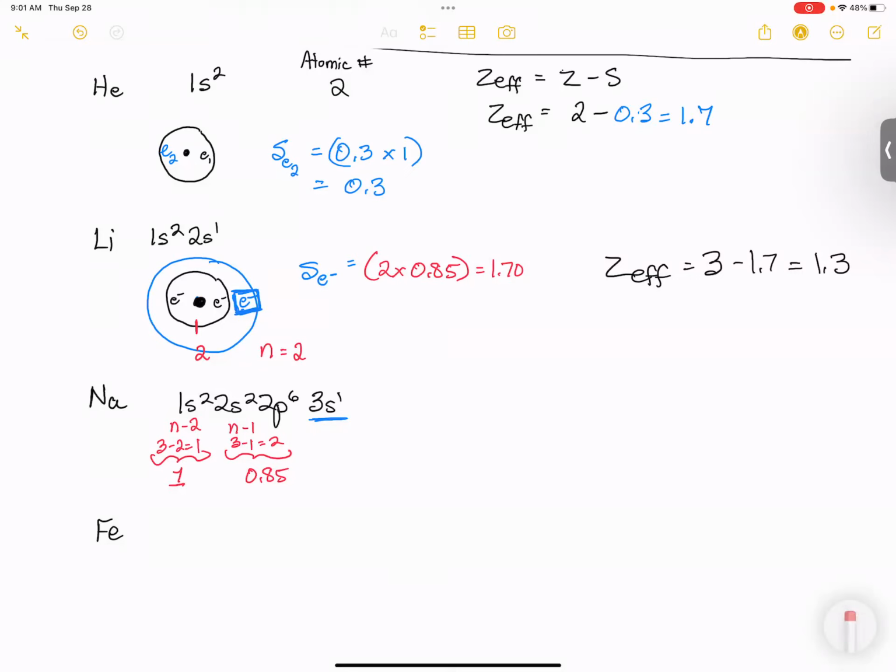So my S value for that electron that I'm looking at is going to equal 8 times 0.85 plus 2 times 1. And this one I can't do in my head, and I don't have my calculator or my phone with me today. So if somebody can do the math, I'd appreciate it.